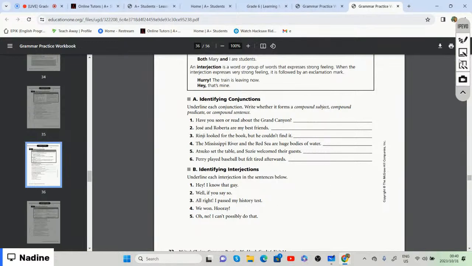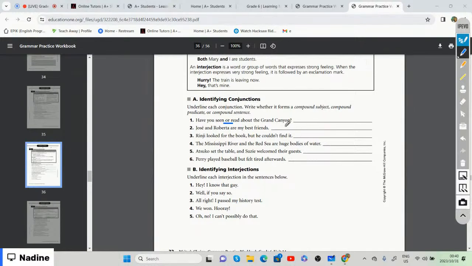So we need to select the conjunction. So have you seen or read about the Grand Canyon? Then we will say or. So don't worry, we're not going to go over if it's the compound subject or compound predicate or compound sentence. For now, it's just about us identifying the conjunction.